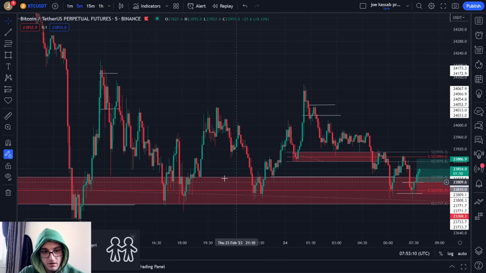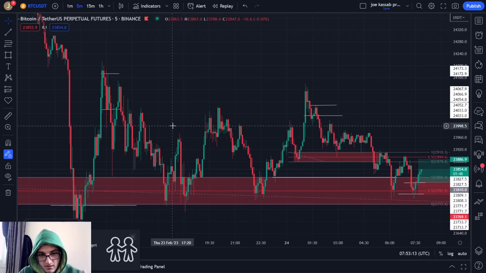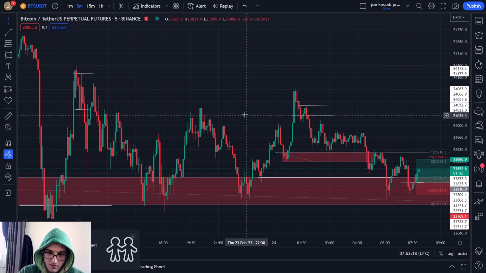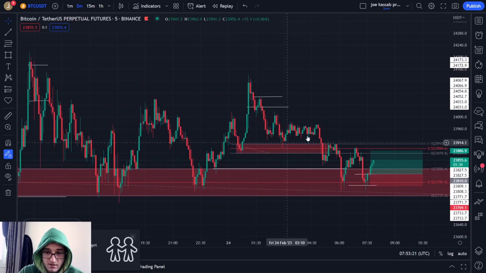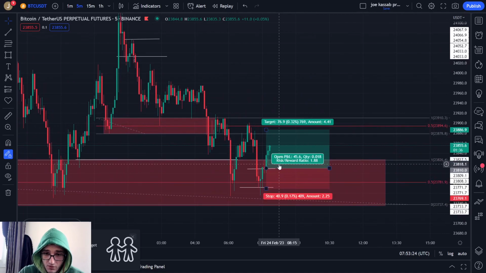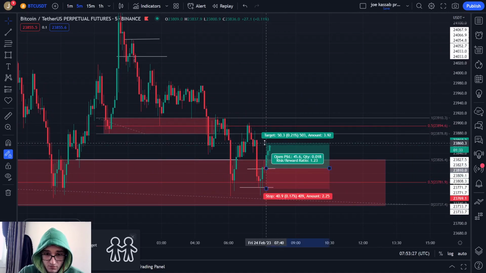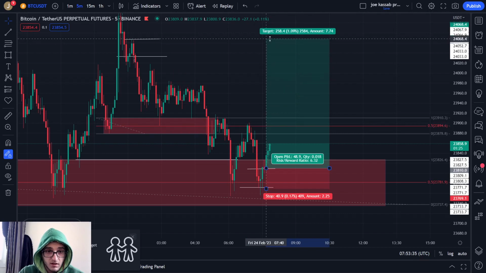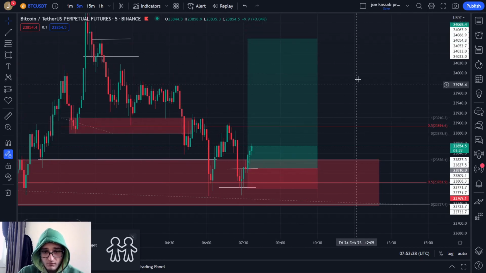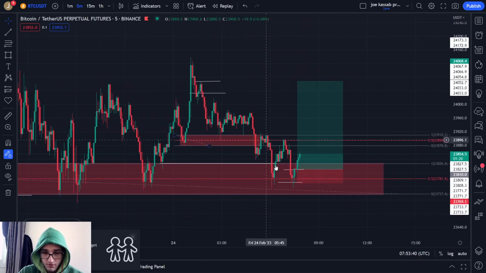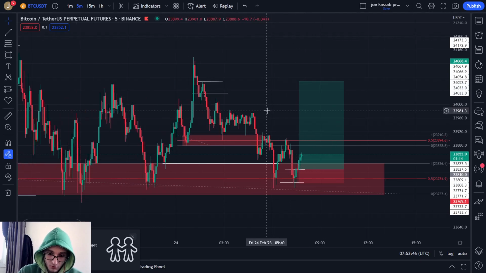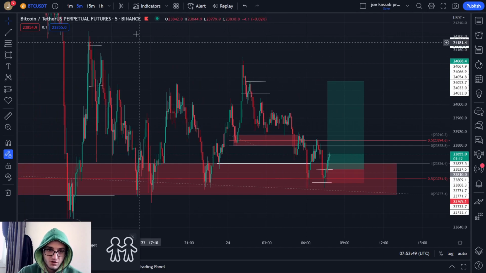Okay, so if you waited here to enter, this area didn't hit. Why? Because we are in a bearish market. So higher areas in a bearish market usually don't get hit. Okay, the probability to hit the area is very low. So you can see that we need to have like TP1 here, okay, TP2 here, TP3 here, but the probability of this price to go this high is very small because we are in a bearish market.